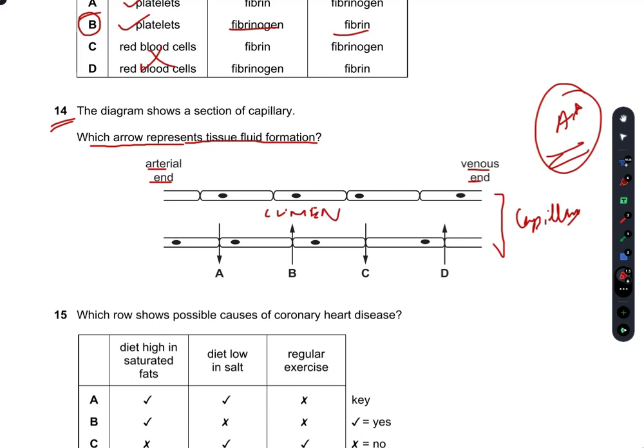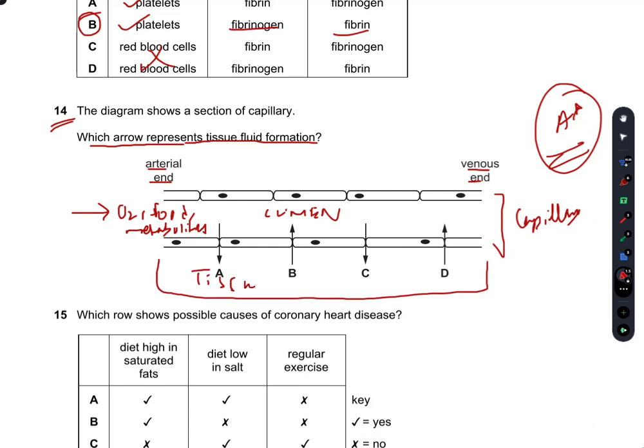So the arterial end would contain oxygen, food, and other metabolites which the cells need. So these metabolites would move from the lumen in this direction to form the tissue fluid. So we can rule out B and D.